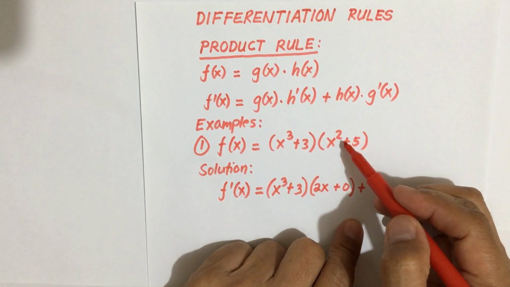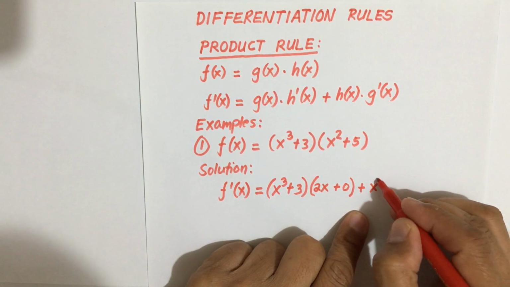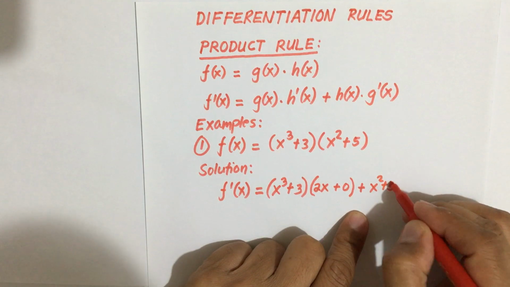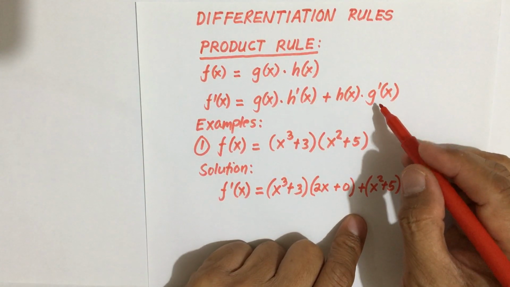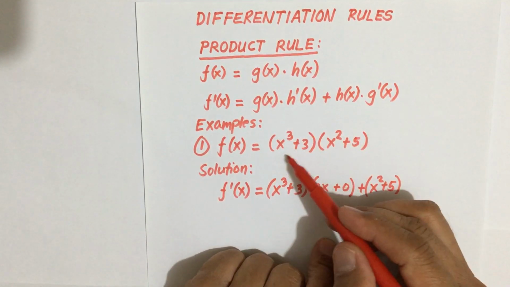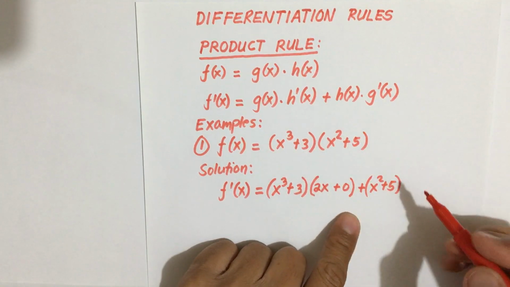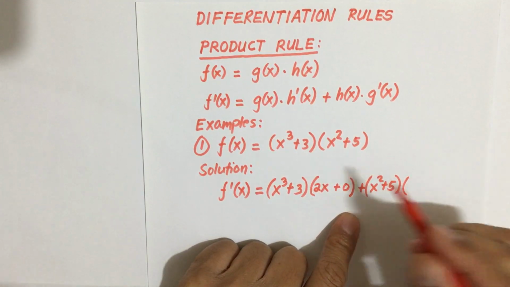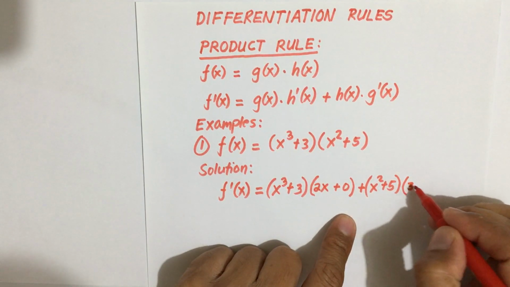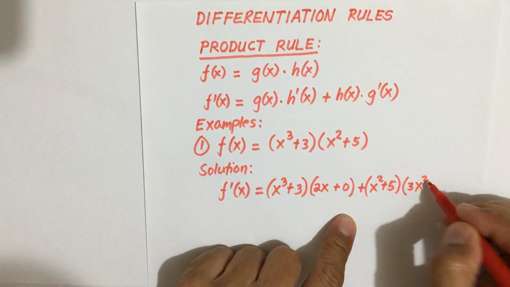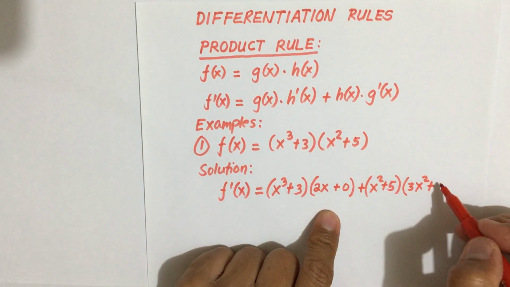So we have x squared plus 5, then multiplied by the derivative of this quantity. So the derivative of this quantity, using the power formula, the derivative of x cubed is equal to 3x squared, then plus the derivative of a constant is equal to 0.